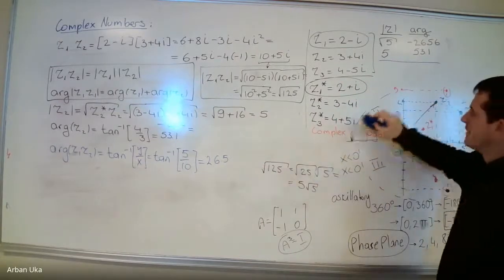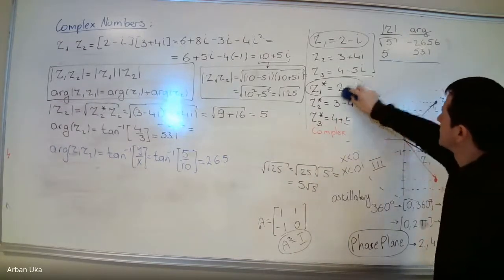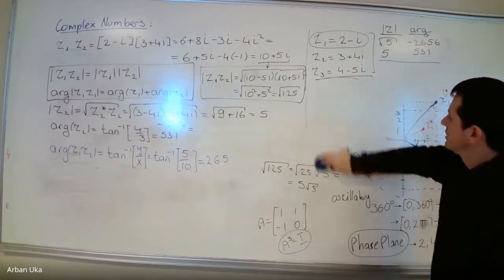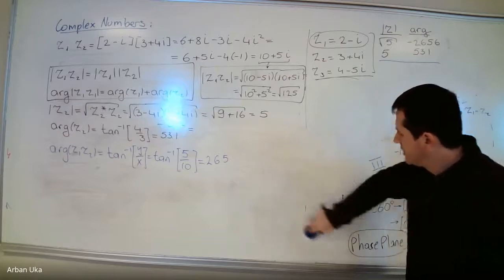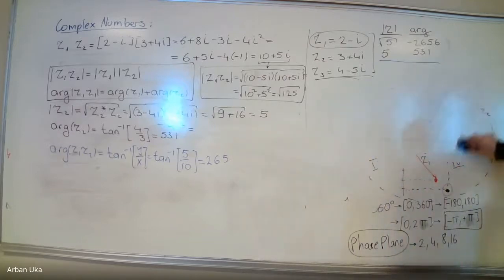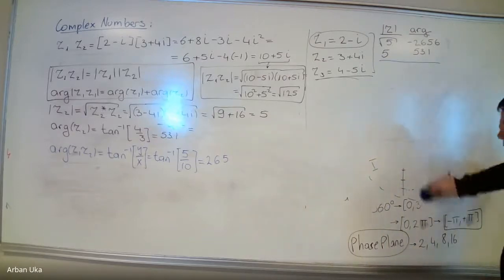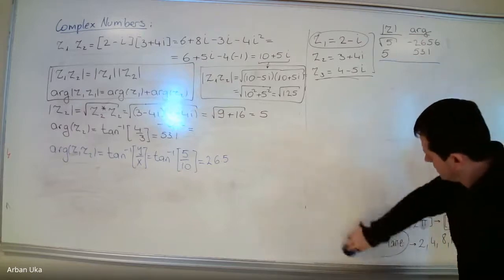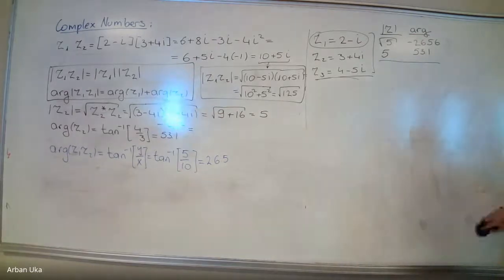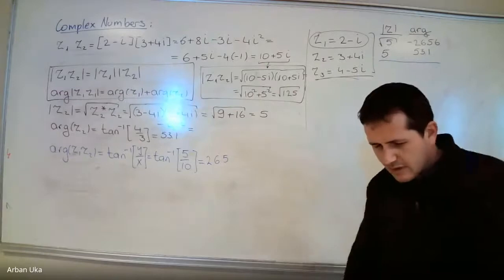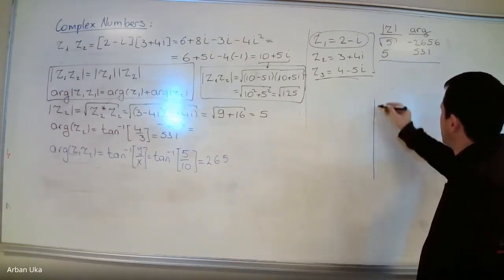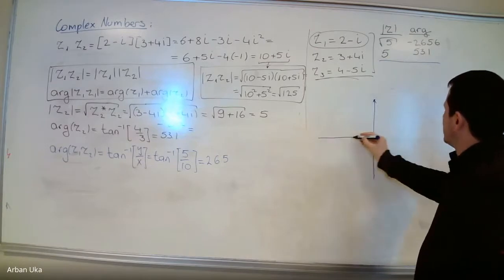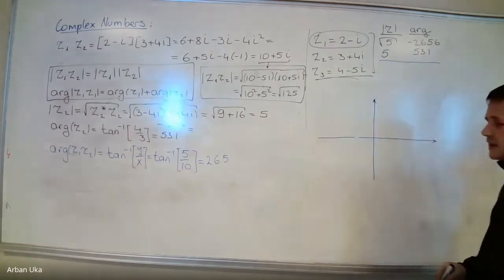Before, we said that real numbers exponentially increase too fast if we take any number to the power n. So let's have a look at what happens in this Argand plane.